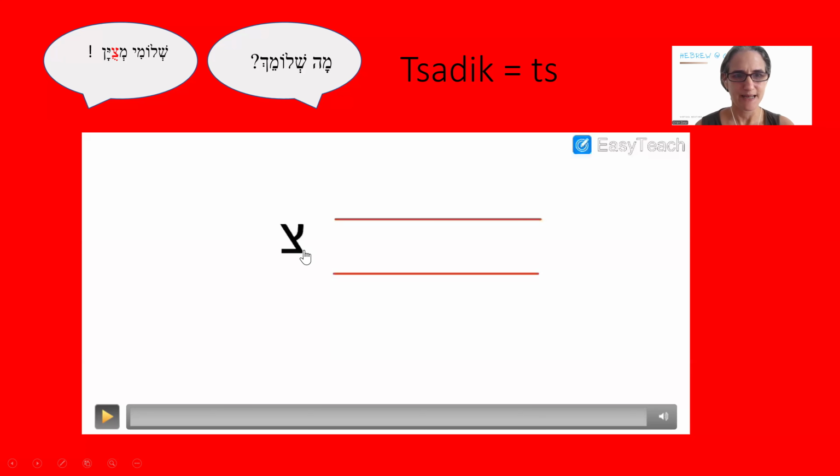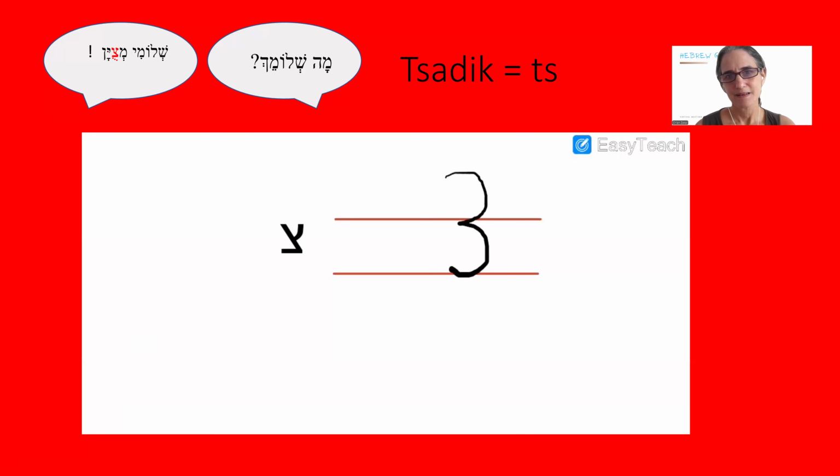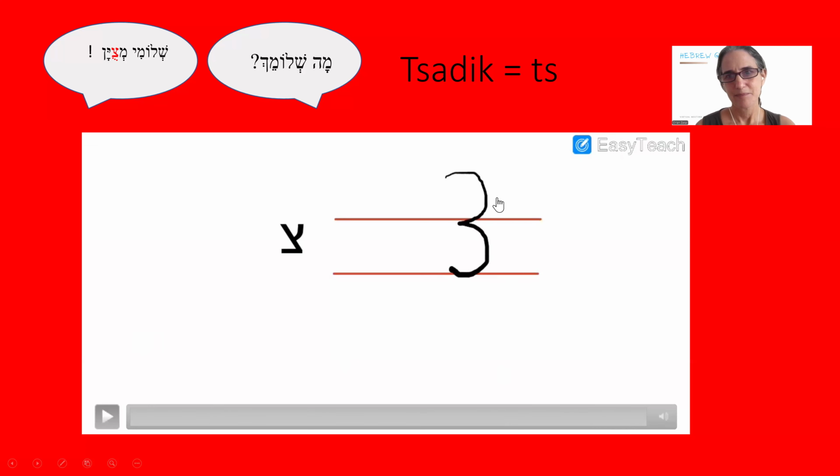This is the print, as you see, and the script is different. Like a big number three of sorts. Let's look again.